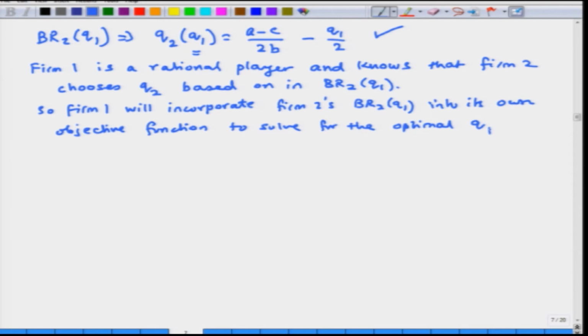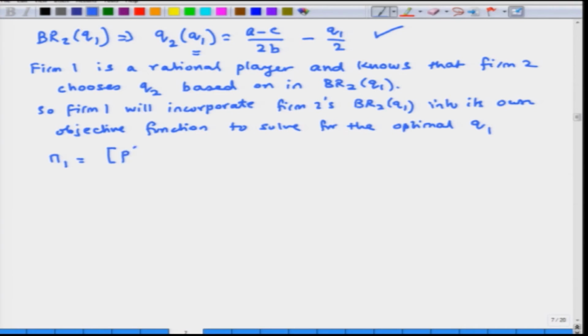So, in other words, firm 1, which has moved first, knows that based on that Q1 firm 2 would choose its Q2. So, firm 1 can figure out what firm 2's best response is. So, it takes that entire best response function for firm 2 as given and then asks what is the best Q1 that I can choose, given that firm 2 is doing what it is doing.